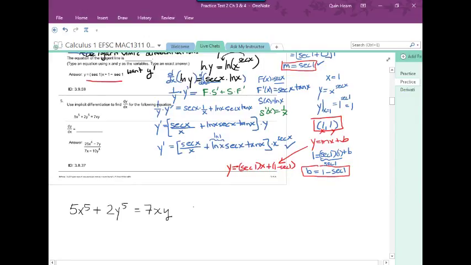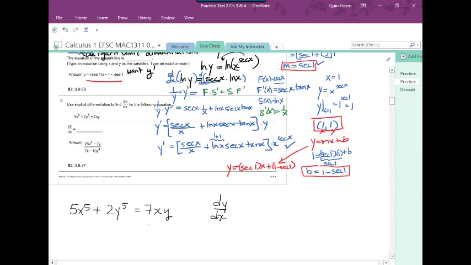And this equation is a relation. It gives a relationship between the x and the y value. What we would like to find is dy dx, the change in y with respect to x, the derivative of y with respect to x. But when we normally do that, we have y equals something.